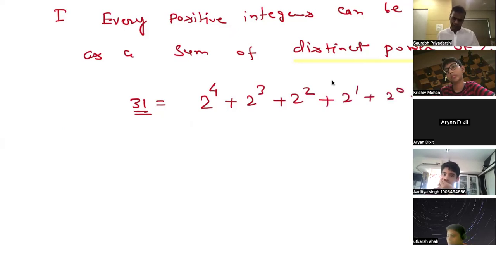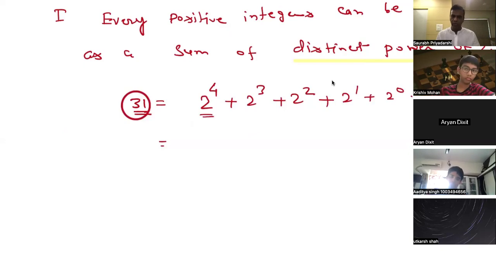So we can write any number like 31 as powers of 2, and so on. I'm writing all the numbers in this form.